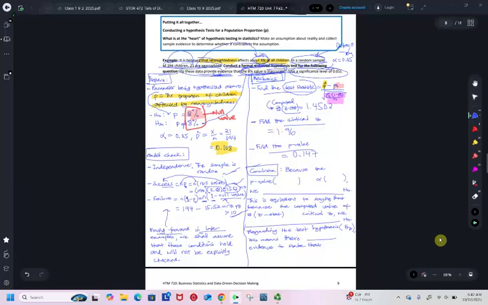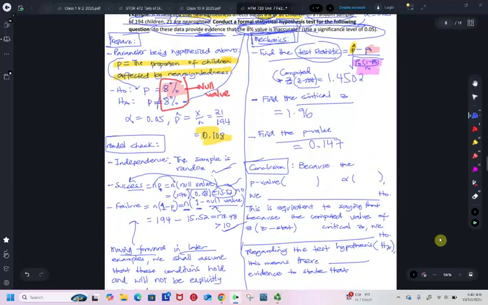So in this case, because the p-value which we got is 0.147 versus our alpha. Our alpha value is 0.05. Which one, so what's the relationship? Which one is bigger? Which one is smaller? Obviously, you have 0, 0, but 1 is greater than 0.